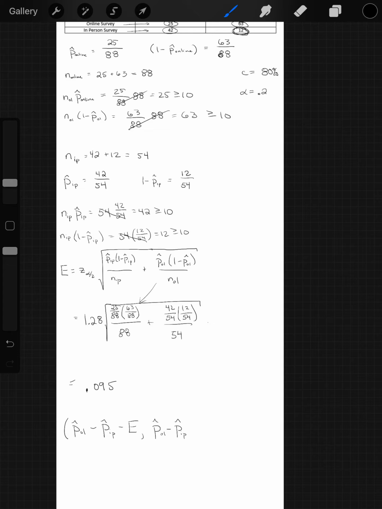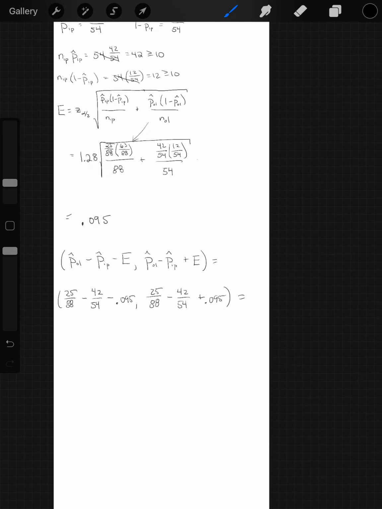Again, it doesn't really matter what order we do this in as long as we pay attention and do it the same in both places, and then pay attention when we're interpreting. So this is going to be 25 over 88 minus 42 over 54 minus 0.095. That's going to be 25 over 88 minus 42 over 54 plus 0.095.